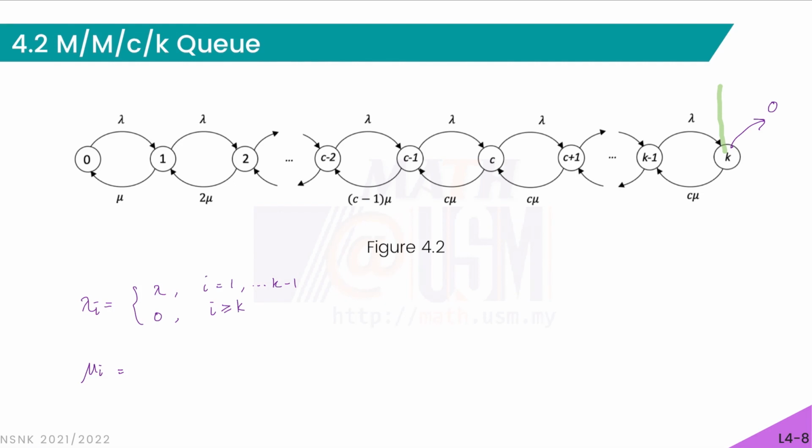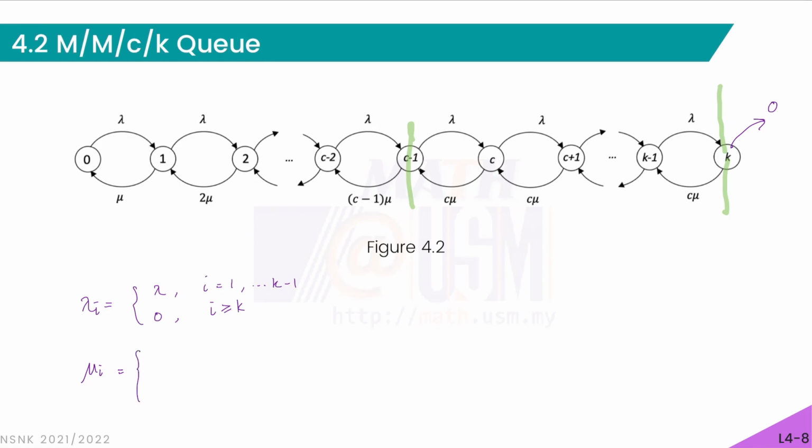The first one is when your state is less than C, from 0 until C minus 1. The second range would be when your state is between C and K. And finally, when your state is greater than K.